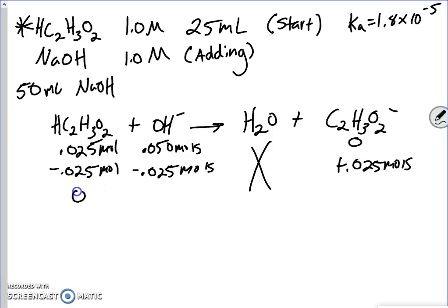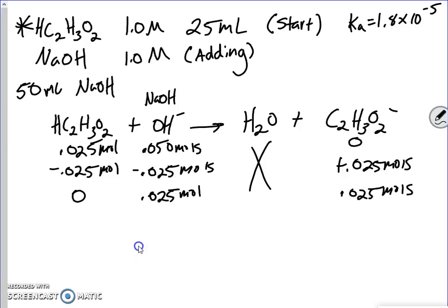So from here, we have no acid left. We still have 0.025 moles of our sodium hydroxide left, and we have 0.025 moles of our acetate ions. So the question comes down to this: we have 2 species in solution, both of which are base. We have the conjugate base, the acetate ion, and we have sodium hydroxide. Which one controls the pH of the solution?